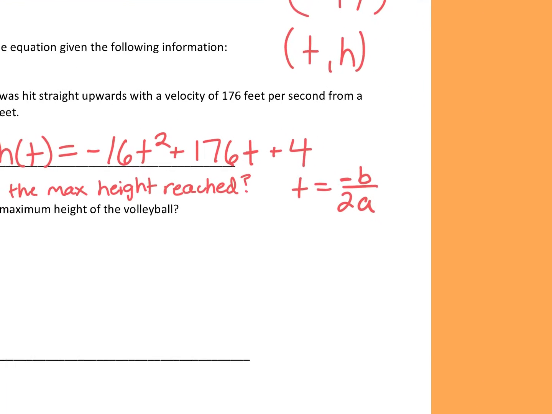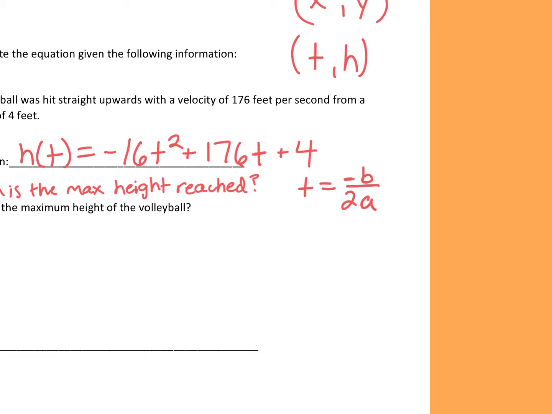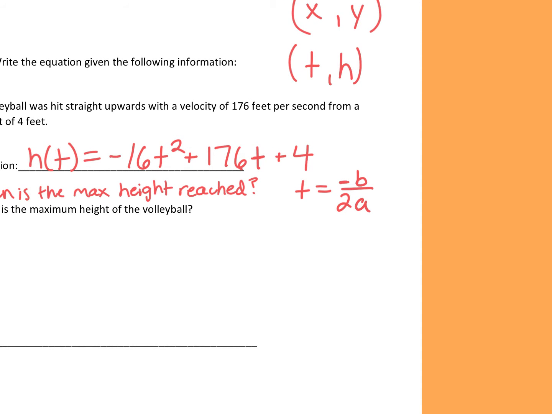So if I look at this equation, what is my b value? Yep, 176. Remember, a, b, c. So negative 176, because it's negative b over 2 times what? Negative 16.